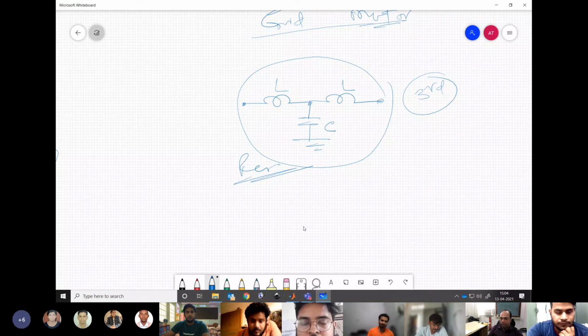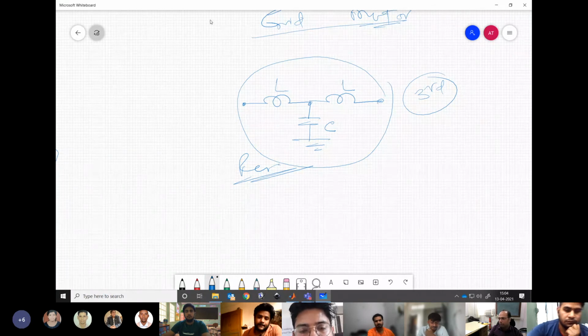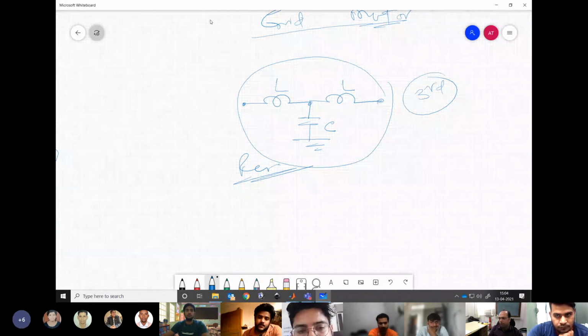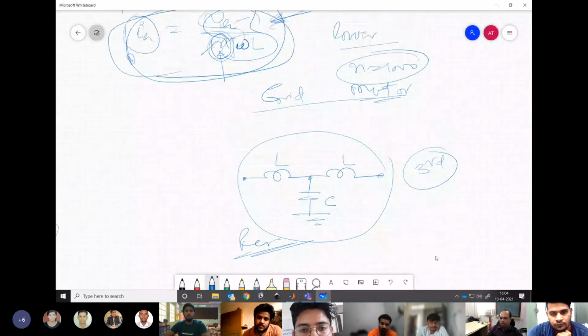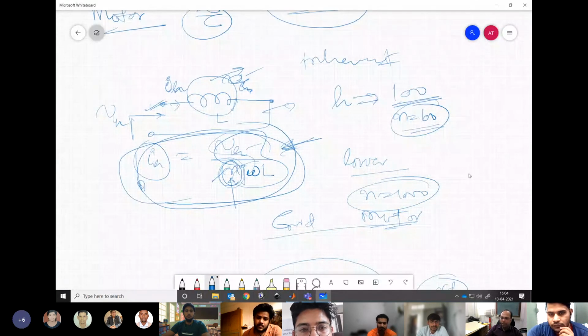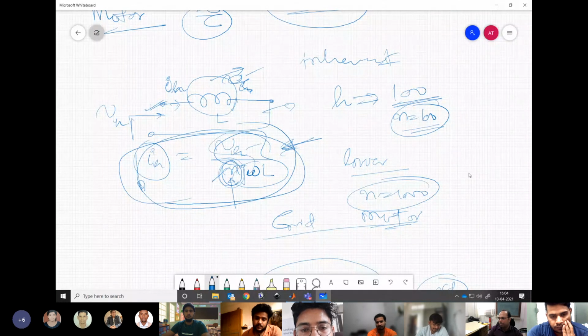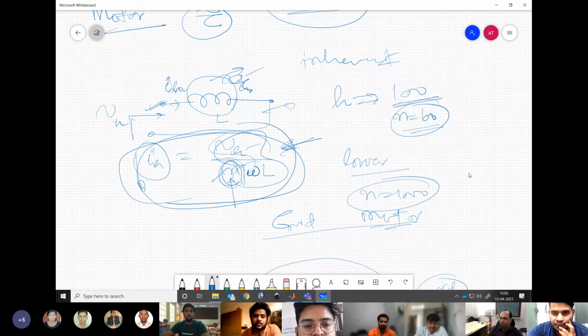Different methods are there, and by and large, it is always good to operate at higher frequency compared to lower frequency if you have the option. If your system cannot support it, then you can't do anything. But if you have the freedom, always operate at the highest possible pulse number. Clear?